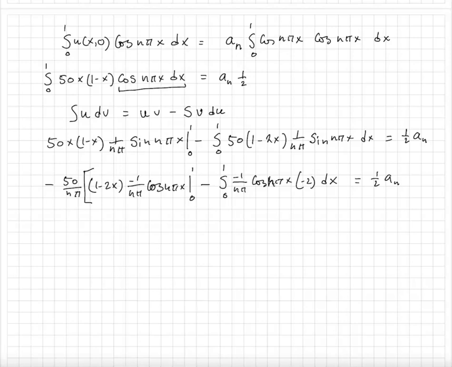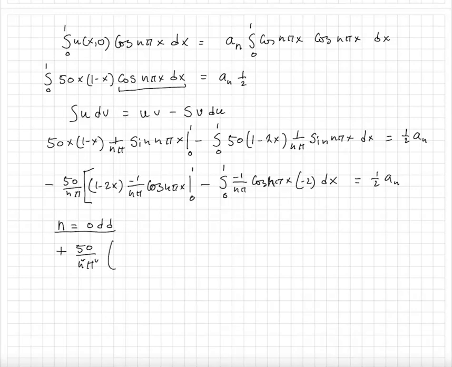That's our reminder here. So we have to consider this part for n even or n odd. So for n even it is one, and for n odd it is the other. So let's first try n odd. If n is odd, I will write minus 50. Maybe I can just take minus 1 over n pi out, so it will be plus 50 over n square pi square.